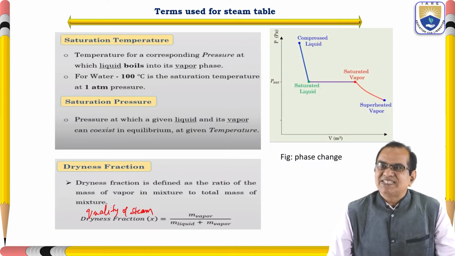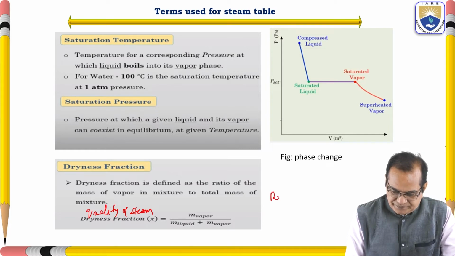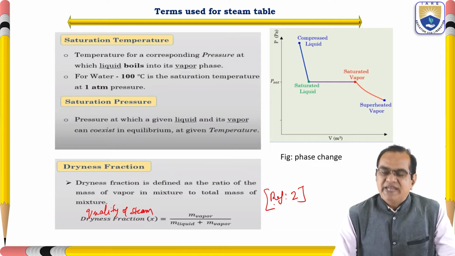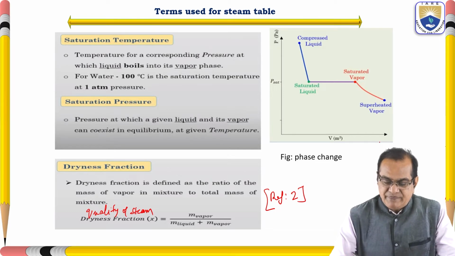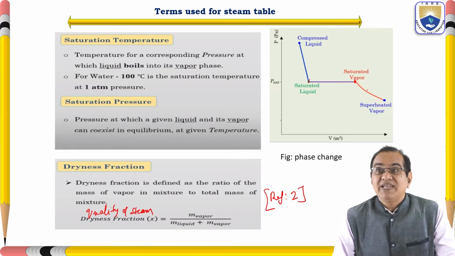So here you can see in this diagram how these things work. Here it is a P and V diagram. Here it is a compressed liquid, and as you increase the volume, pressure has to decrease. From here to here it is saturated. Here your pressure will remain constant, however volume will increase. As you go further at the saturated vapor, the volume will also increase.